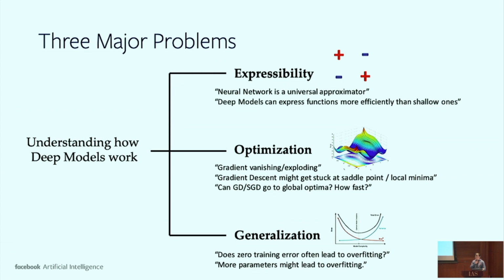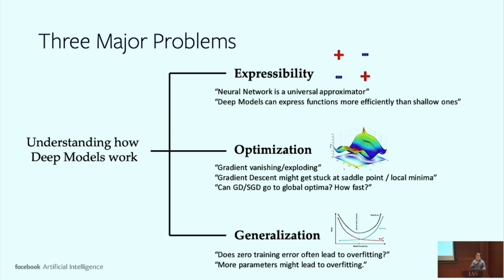This basically gives us the confidence that you can actually learn a neural network if your algorithm is smart enough. The second part of understanding deep learning is through optimization. Here we basically focus on, given the training data, how can we train the model so that it reaches very small training errors.